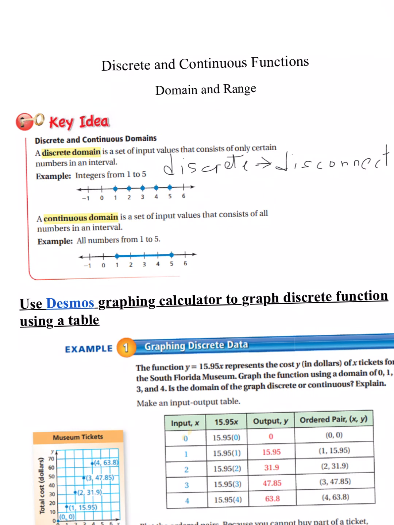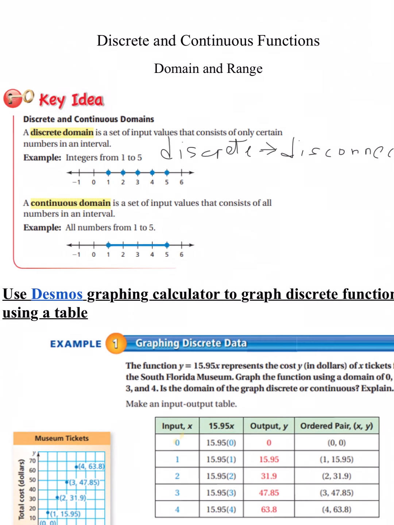Instead of 1, 2, 3, 4, 5, like we did in discrete, you now have a domain that goes from 1 to 5. So this is continuous here. Continuous, think of connecting.